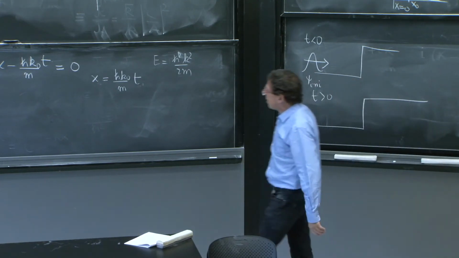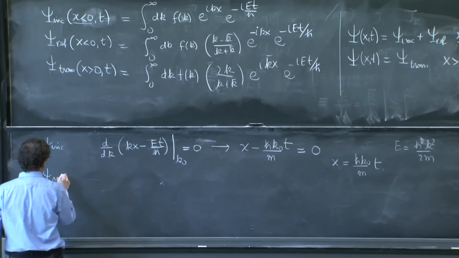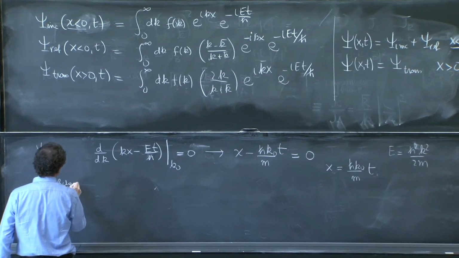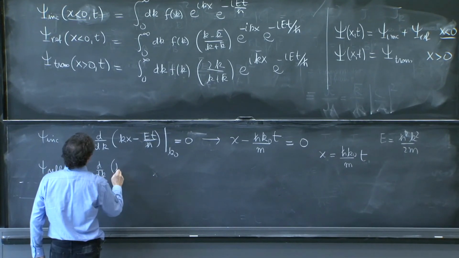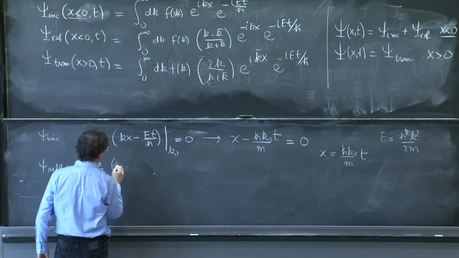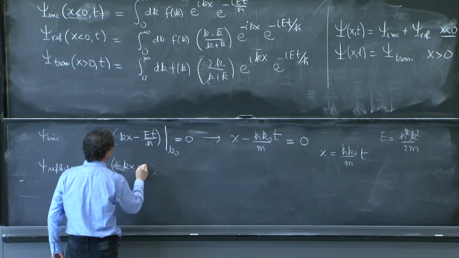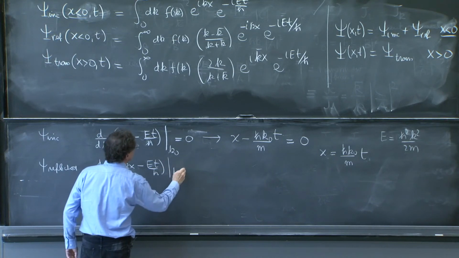OK, let's do the second one, ψ reflected. d/dk, this time would be kx with a different sign, minus kx minus Et over ħ, at k₀, equals 0.